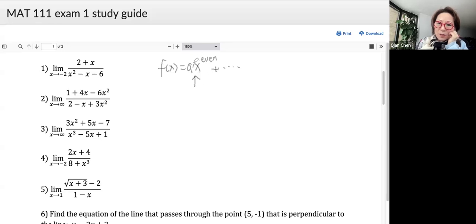The leading term tells us how the graph goes. So let's see x squared. Hopefully we all know the x squared graph. It's a parabola, right? You see it's symmetric. However, it's symmetric with the y-axis.